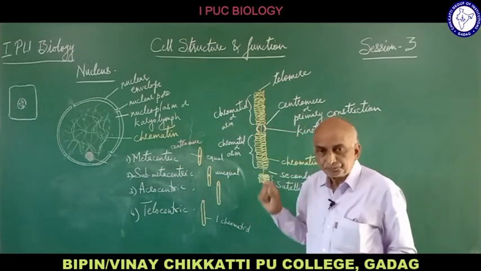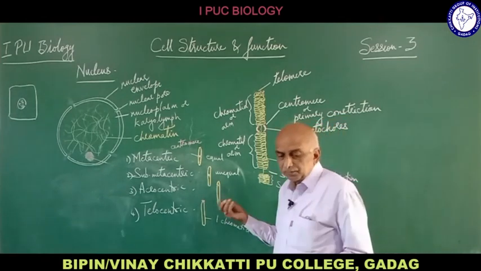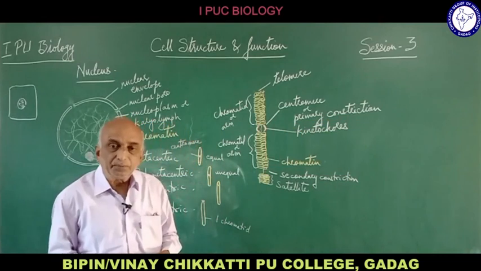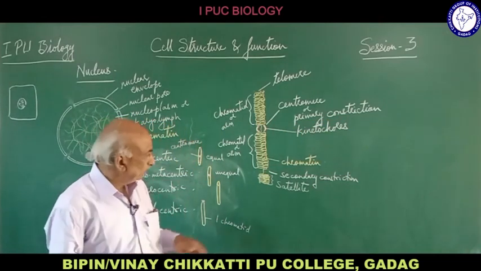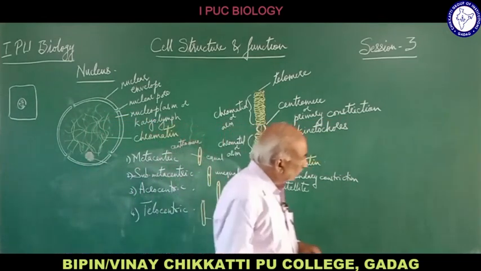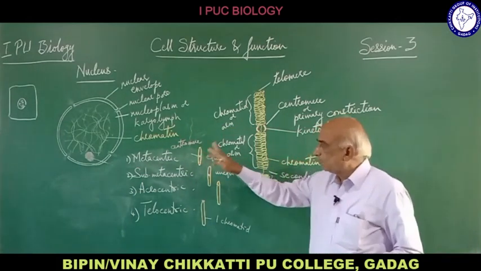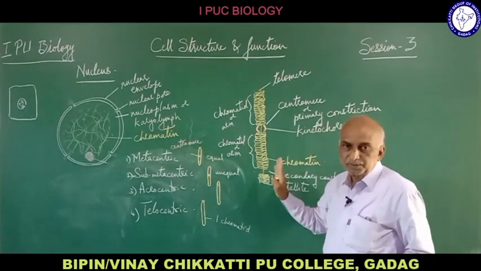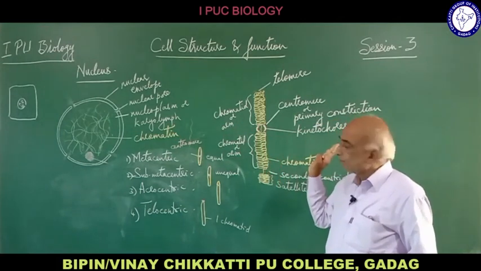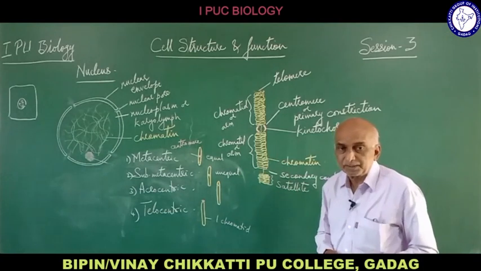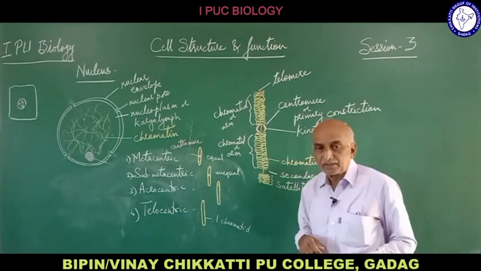So these chromosomes which are found in pairs are an even number, and that is about the chromosome structure, the nucleus, the chromatin, the chromosome structure, and also the types of chromosomes based on the position of the centromere.